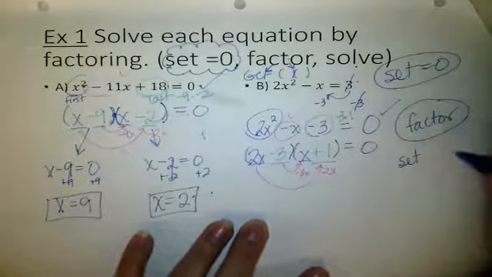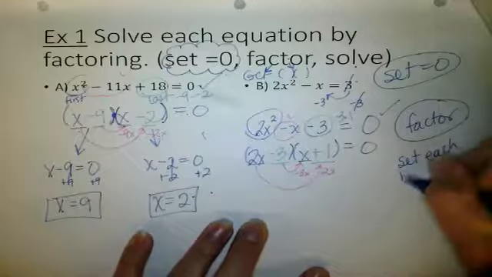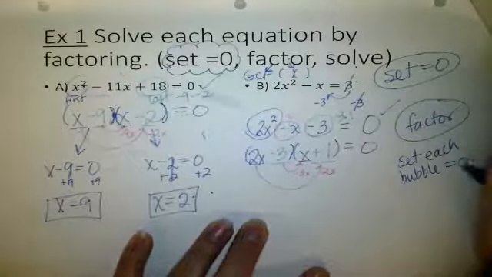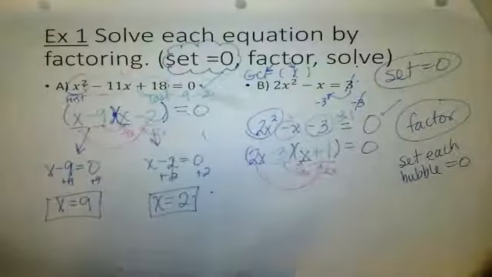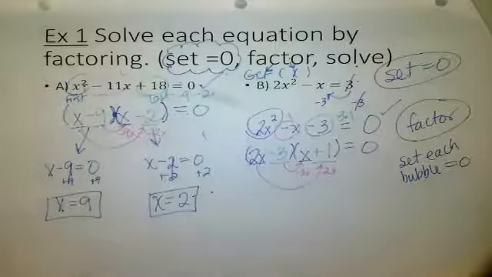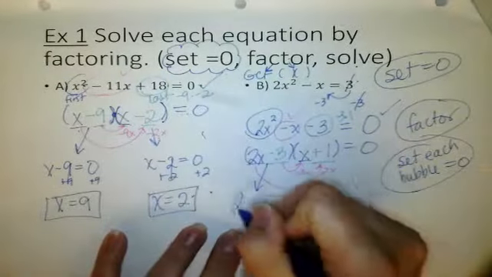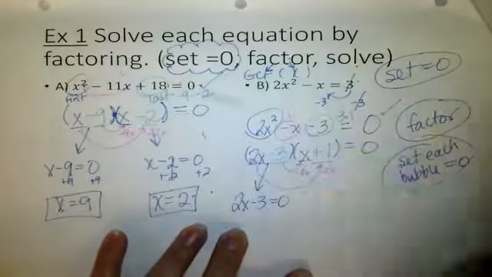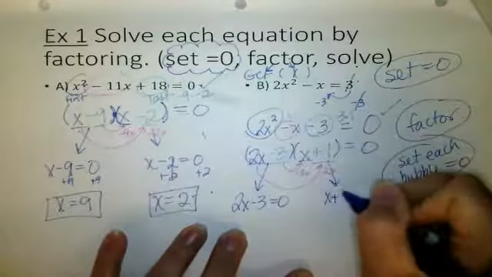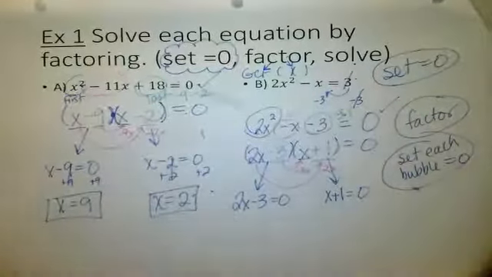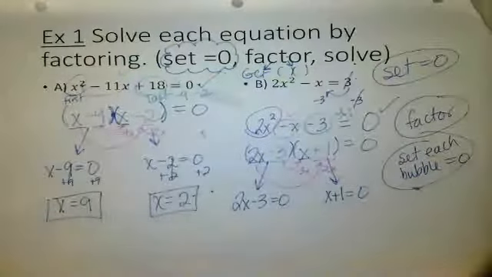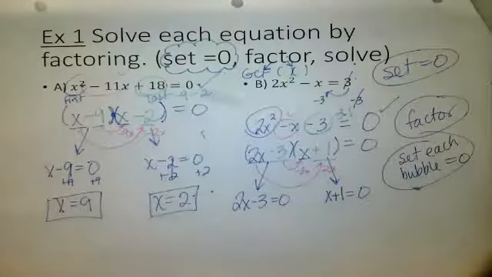Set each bubble equal to 0 and solve. All right, thank you. So I'm going to set each bubble. 2x minus 3 gets set equal to 0. And x plus 1 gets set equal to 0. Set each bubble equal to 0. And then isolate the x.